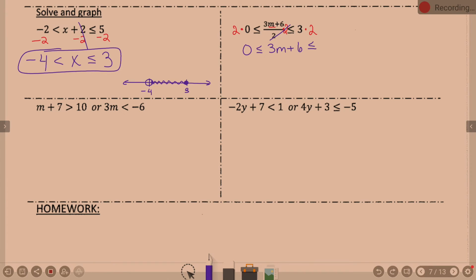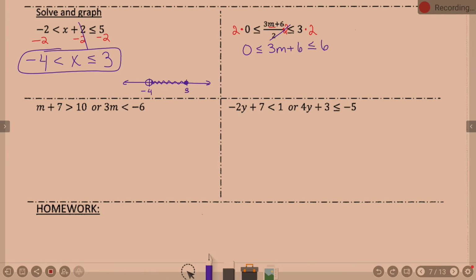And now, what is 3 times 2? 6. But you're not done. Hold on. How do I get m by itself? So now what's still hanging out with m? This 6. It's 3m plus 6, so 3 times m, plus 6.